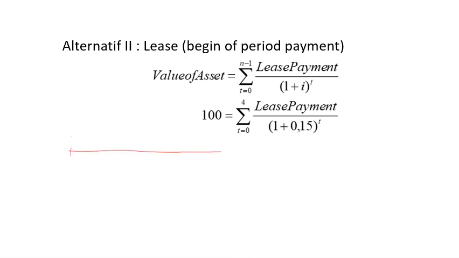So the lease will be started here, PMT. So this is the payment for 5 years: 1, 2, 3, 4, 5. So that PMT should be here, right? 5 times.